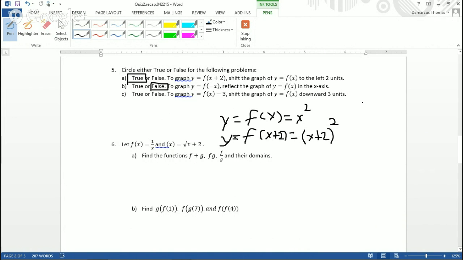It is now reflecting across the y-axis. So it's reflecting in the y-axis. And then finally, if we're given y equals f of x minus 3, how would we graph this? Well, since it's subtract 3, that will actually shift the function down 3 units. That's true.